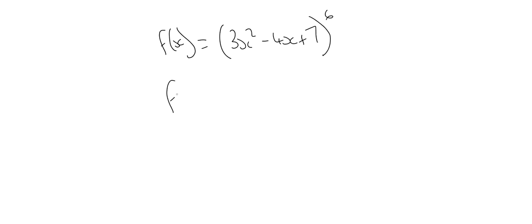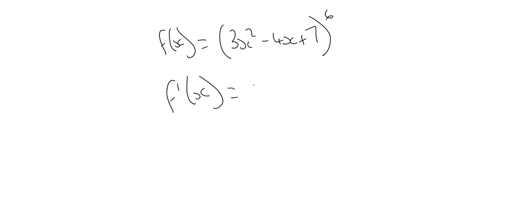Okay, so if I said that f of x equals 3x squared minus 4x plus 7 all to the power of 6, how do I differentiate that? Yep, chain rule. You're not listening to me, Adil. How do I differentiate this question? Oh, chain rule. So what do I do? You know what?